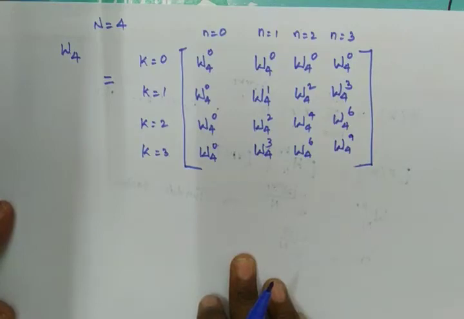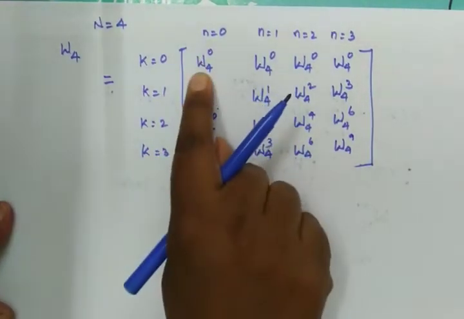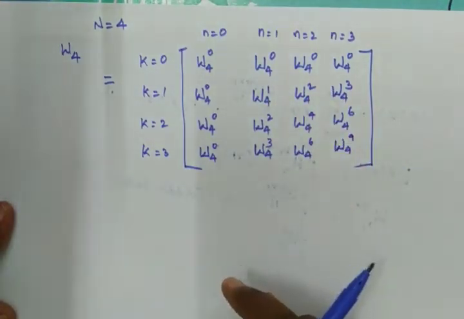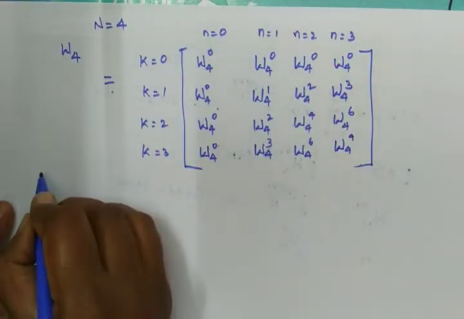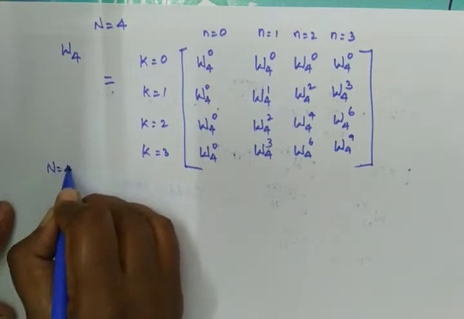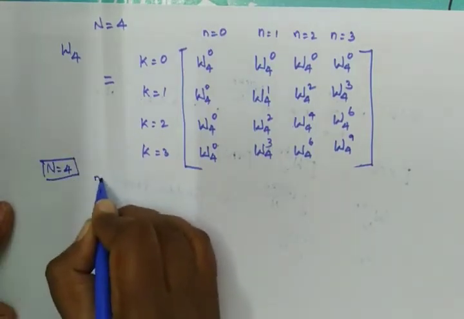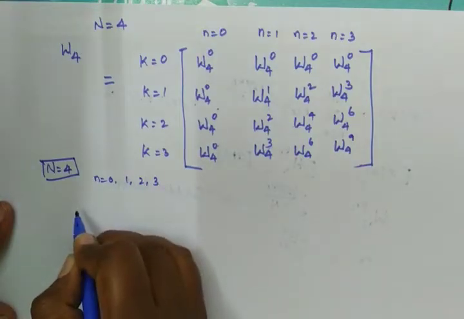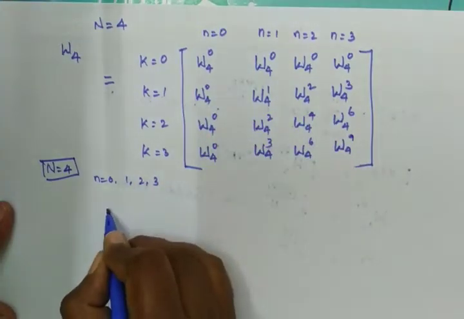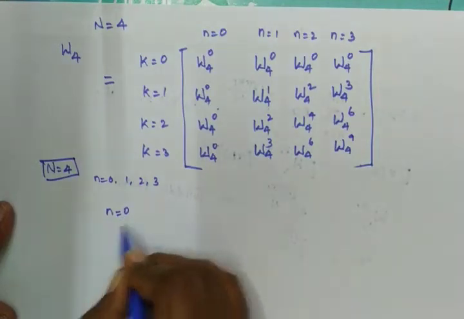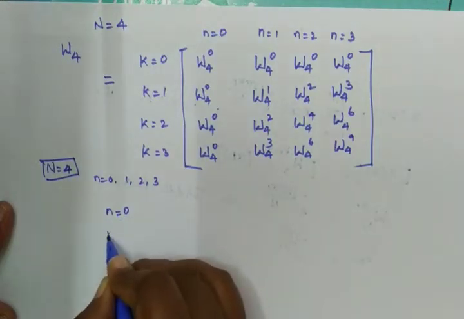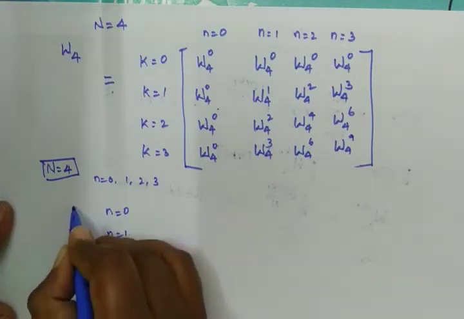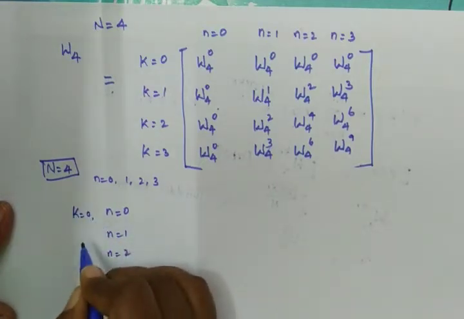Now we have to substitute the values for this W4 power 0, W4 power 1, 2, 3, 4, 5 and so on. Before going to that, since N is equal to 4, we have n values 0, 1, 2, 3, and k is equal to 0, 1, 2, 3.